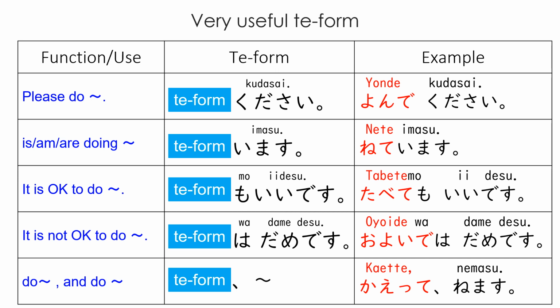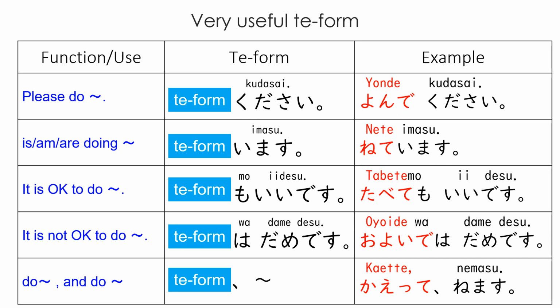Besides the phrase to say, please do something, there are more phrases you can say by using te forms. Here are 4 more other frequently used phrases. The second one on the chart is to say, someone is doing something at the moment. The sentence pattern is te form and imasu. The third one for saying, it is okay to do something, or you may do something.